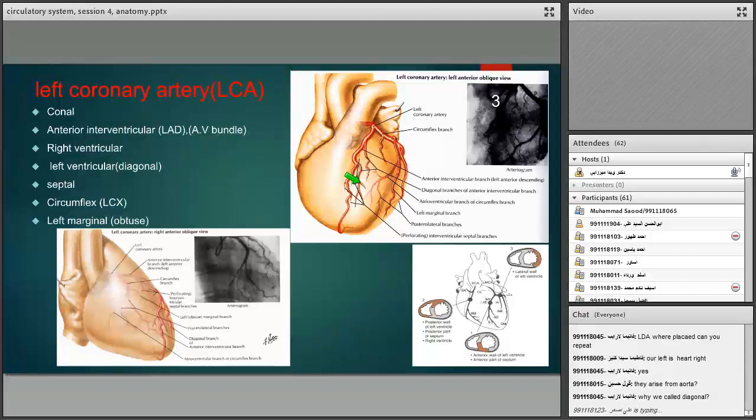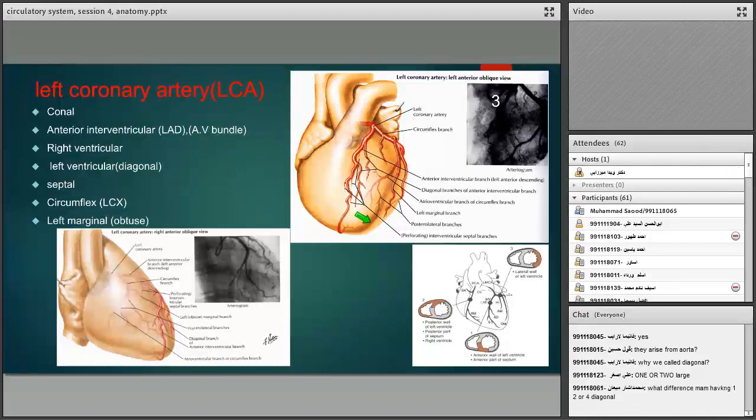Okay, so we call them diagonals because they pass through the diagonal of the left ventricle from one angle to the other. Yes, 1 or 2 or 3. Most of the time they are 3. It is typical.